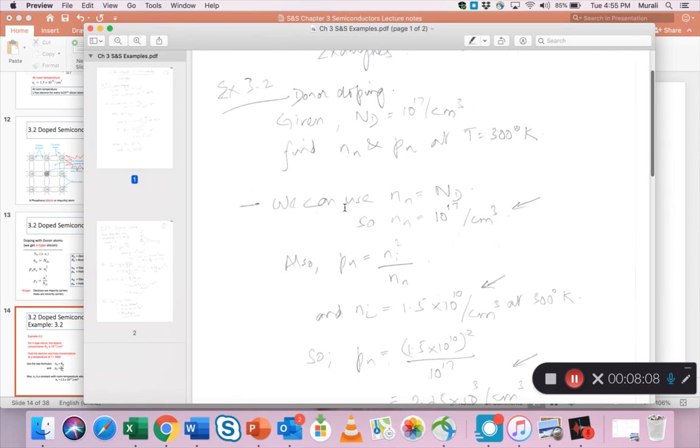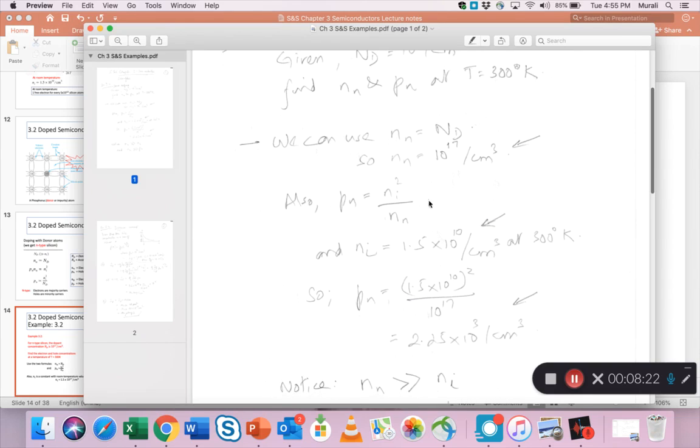Okay. So the first step is to find the electron density, Nn, and that's pretty straightforward because it just equals the density of the doping material, right? And that has already been given, so we get that. But to find the density of the other carrier, which is holes, so now we want to find Pn, which is the hole density in the n-type material.